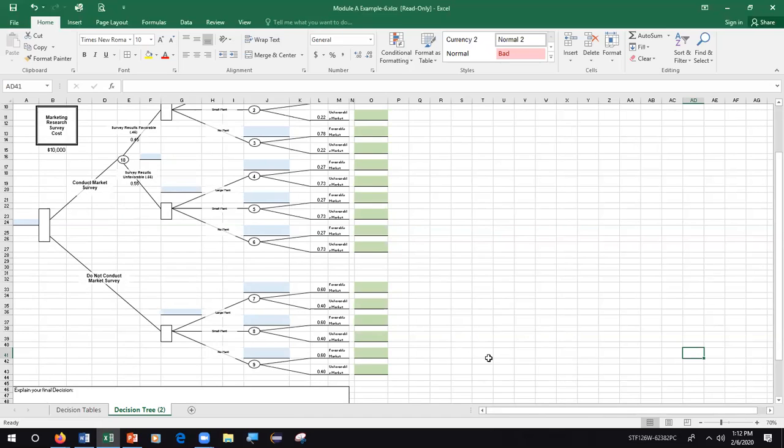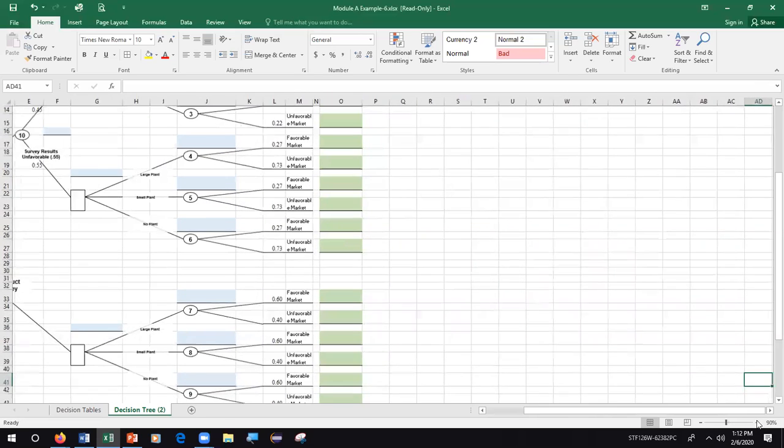We're trying to determine, in all these scenarios, is it better for us to do the survey, and then see if it's favorable or unfavorable, or is it better for us just not to conduct the survey? Which one would make the most sense? These are hard to see because we have to zoom way out here.